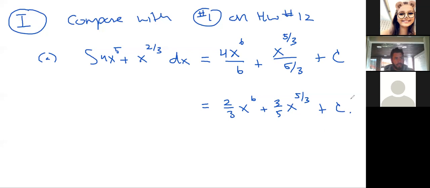The observation for you to make is that if you take your answer and compute its derivative, you get what you started with. So just for this one time, we will check this.